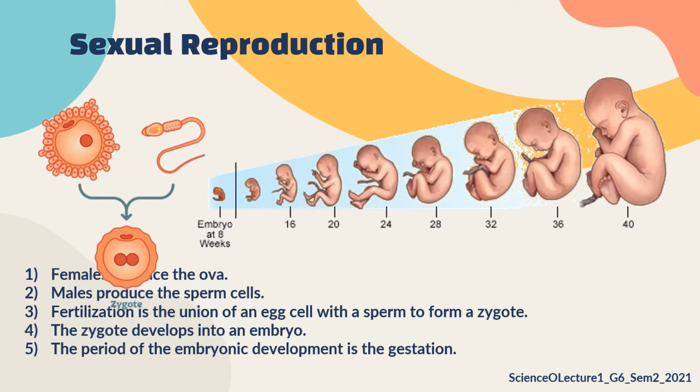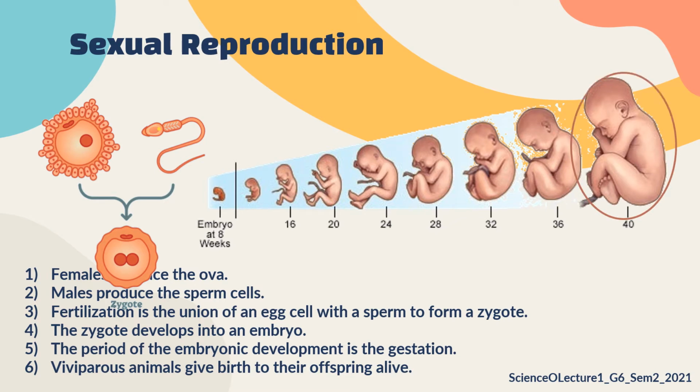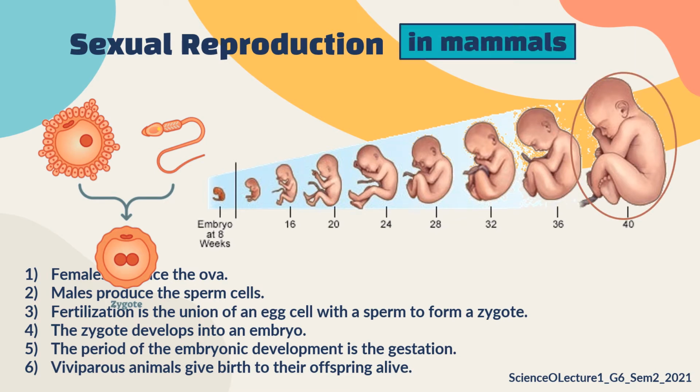When the gestation period is finished, viviparous animals will give birth to their young. Here is the baby, and this is sexual reproduction in mammals. The gestation period is different for different kinds of mammals. For humans, it's 9 months.